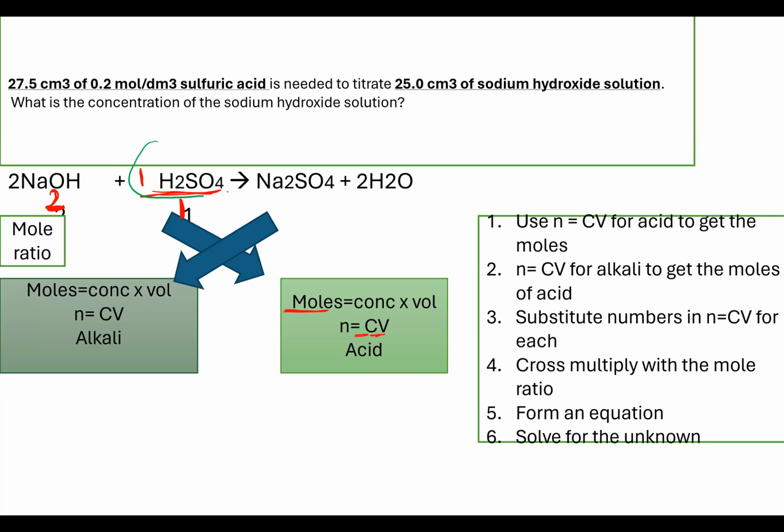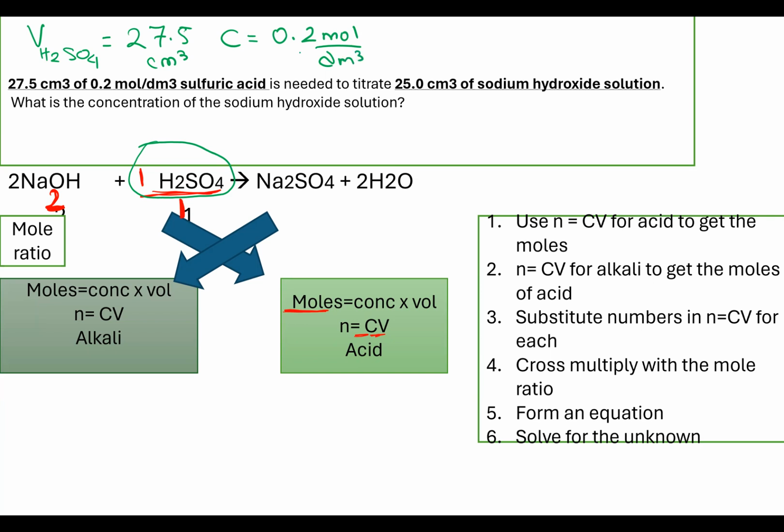So we're going to write V of H2SO4. This is equal to 27.5 cubic centimeters. And then if you want to convert it to decimeters cubed, you divide by 1,000. Then you have the concentration, which is 0.2 mole per decimeter cubed.